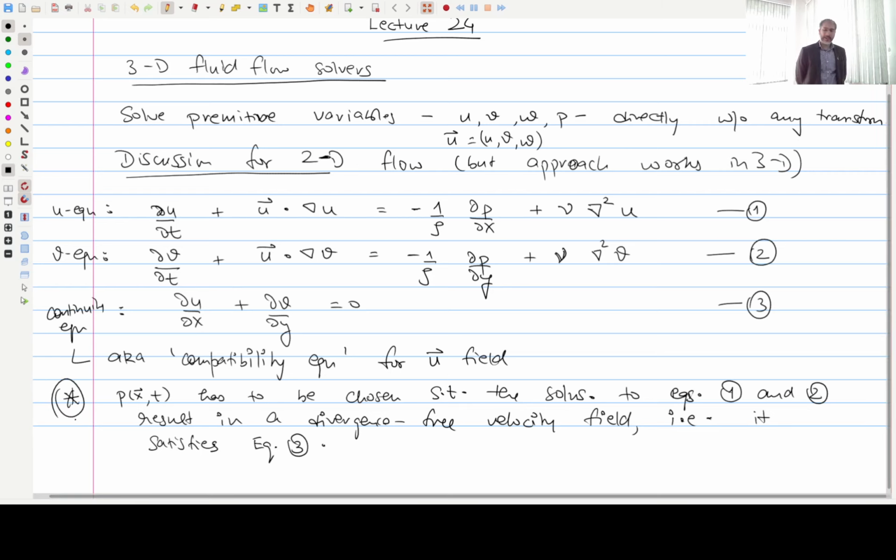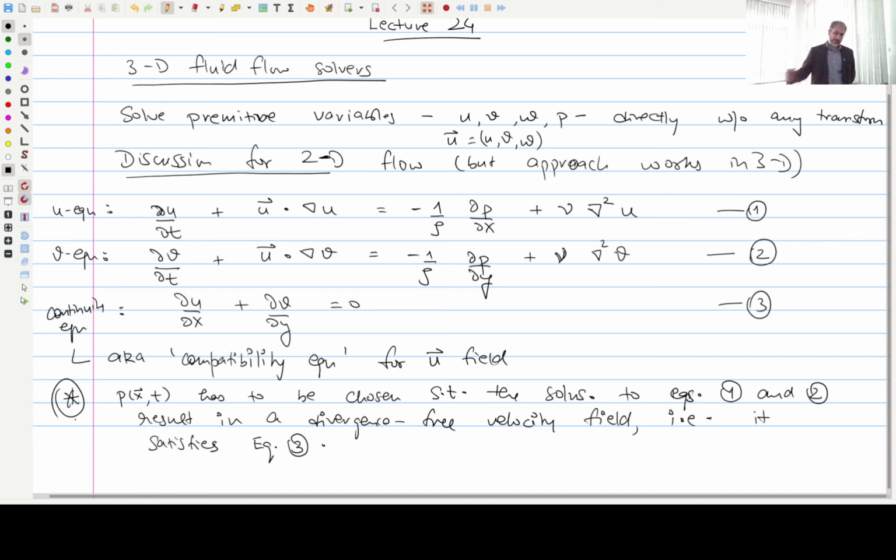So the pressure field P as a function of position vector x and t has to be chosen such that the solutions to equations 1 and 2, which is basically solving for u and v respectively, result in a divergence free velocity field. Divergence free means del dot u is equal to 0.